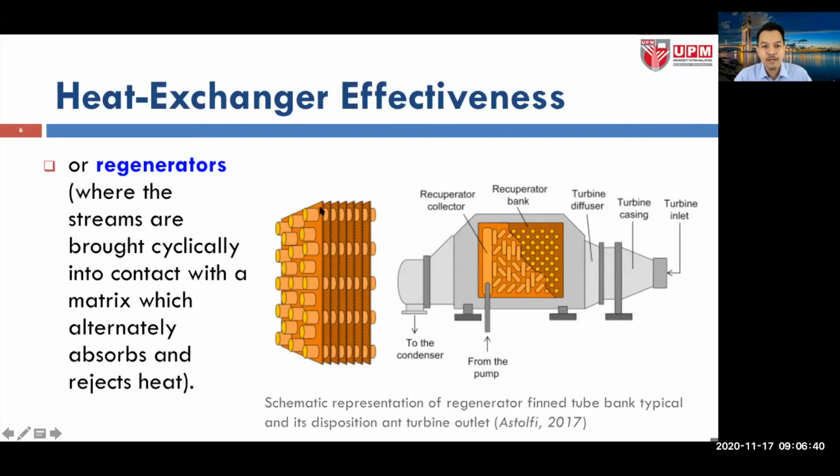Let me just quickly get my pen. So these are the fins, and these are the tubes. These are the arrangement of a typical regenerator fin tube bank, and its disposition at the turbine outlet.